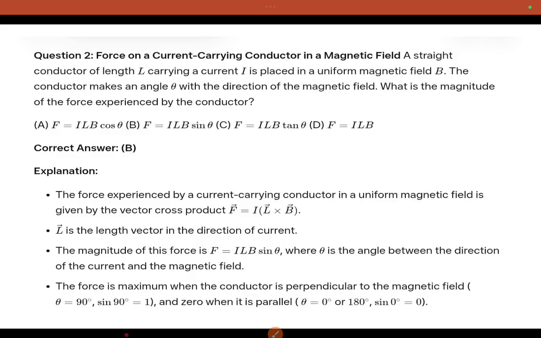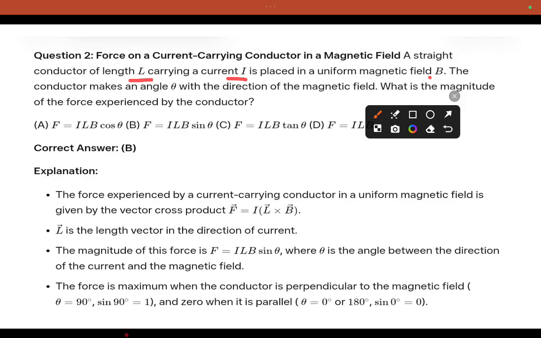Here is question number 2 on force on a current carrying conductor in a magnetic field. A straight conductor of length L carrying current I is placed in a uniform magnetic field B. The conductor makes an angle theta with the direction of the magnetic field. What is the magnitude of the force experienced by the conductor?